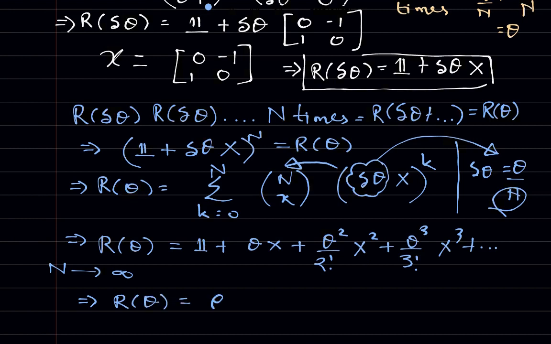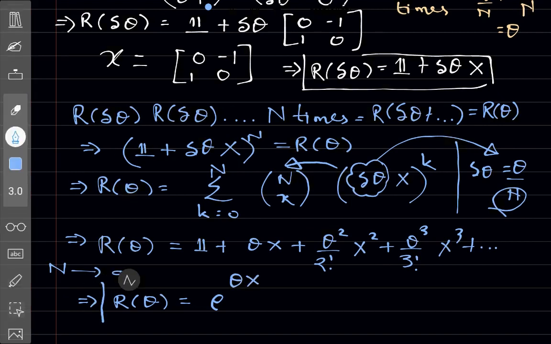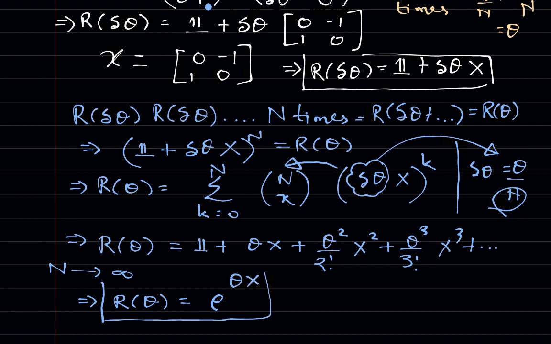It is nothing but exponential to the power some parameter theta and some matrix X. Now this was quite interesting. This is brilliant. The simple mathematics leads to the idea of writing a matrix in the form of exponential, and this X that appears in the exponential is called the generator.